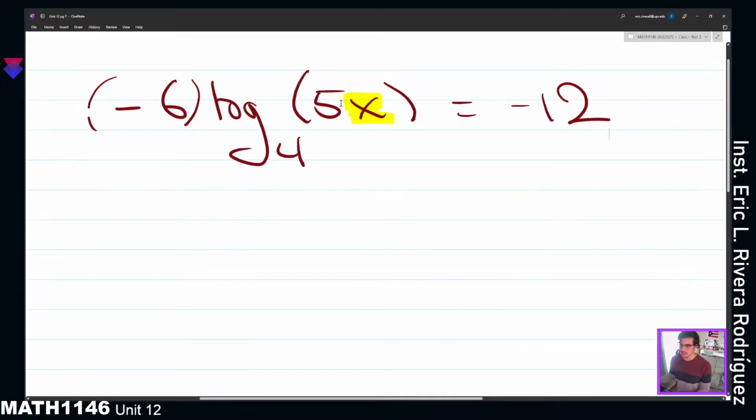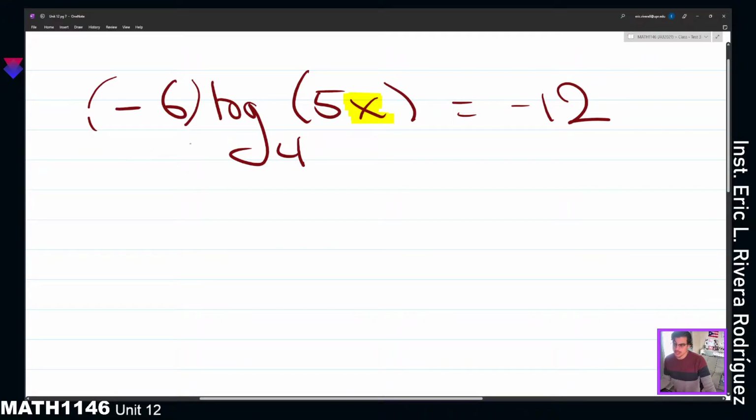That is not incorrect, because Rachel is using the power property to bring the factor of negative 6 into the exponent. The problem, Rachel, is that you will make the argument a bit more complicated, because then you will need to be working with 5 raised to the negative 6. So you don't want to do that.